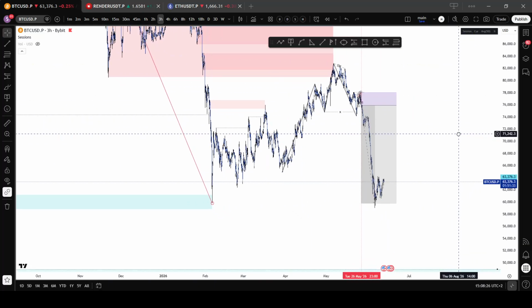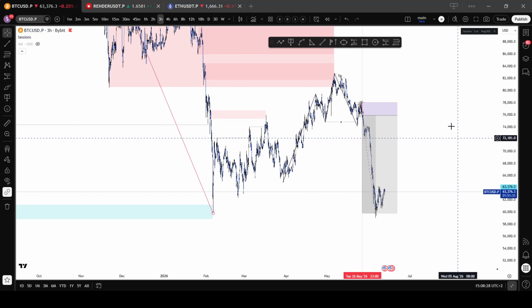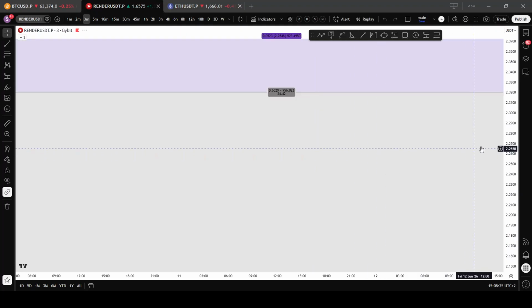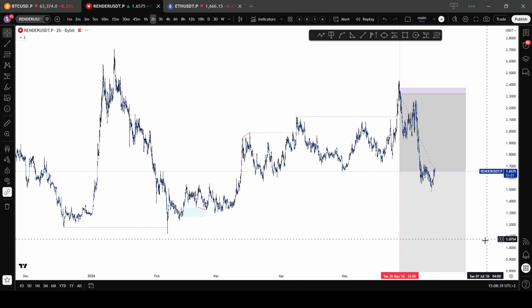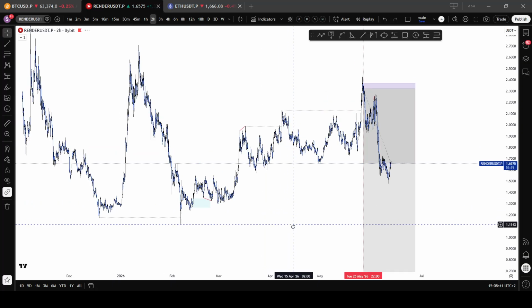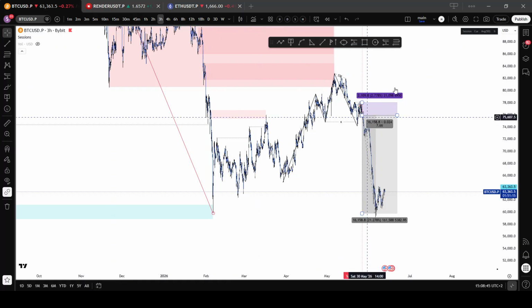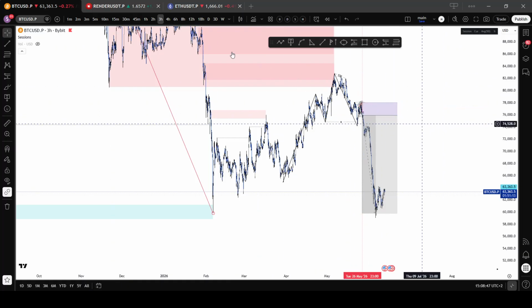I don't know why I didn't, but that was also a really nice trade. I probably didn't take it because of the RR, but I'm not too sure. I don't want to make any false claims, but that was basically how you could have taken this Render short by using Bitcoin as your primary confluence.